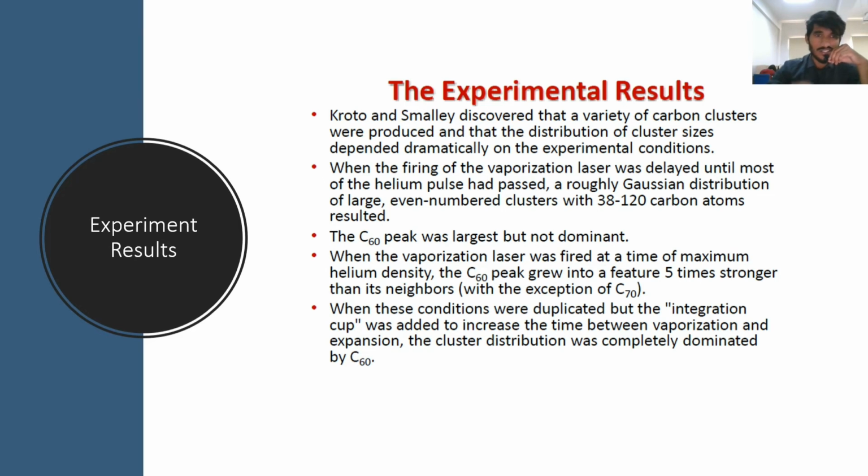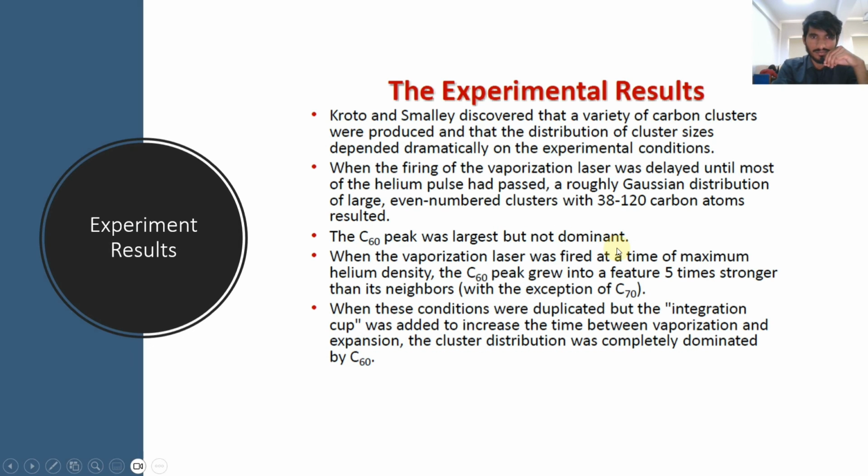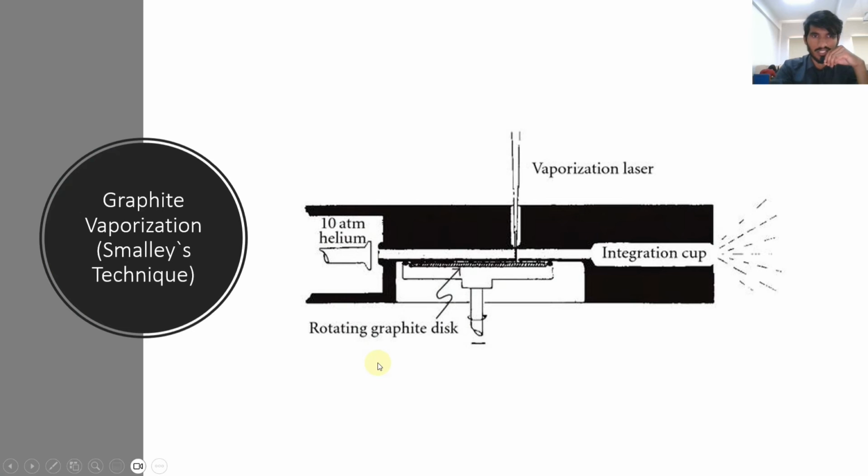Then these conditions were duplicated but with the integration cup added. The previous cases had no integration cup. When the integration cup was added, it increased the time between the vaporization and expansion, because when the helium gas goes out of the integration cup, there is expansion and then the formation of the supersonic molecular beam.